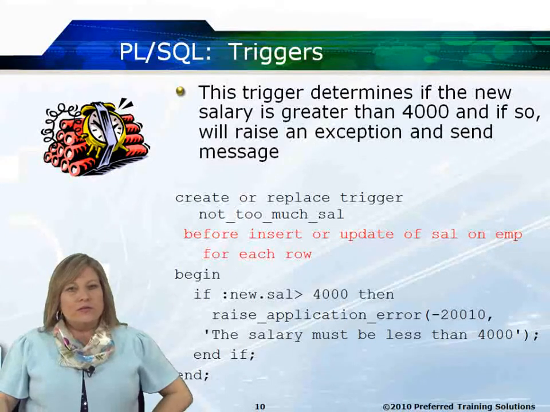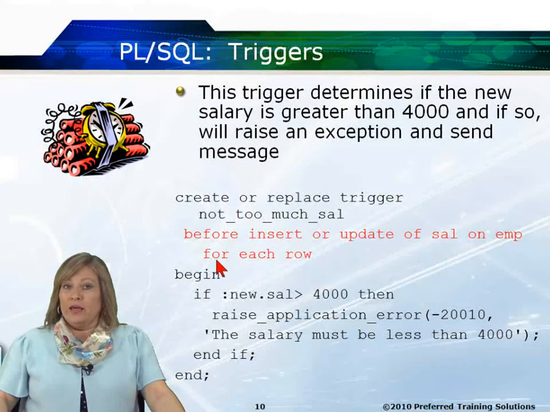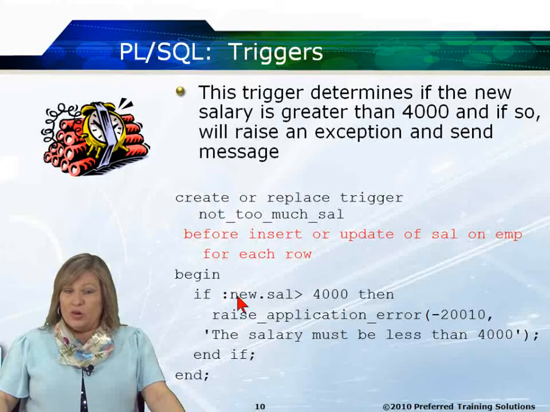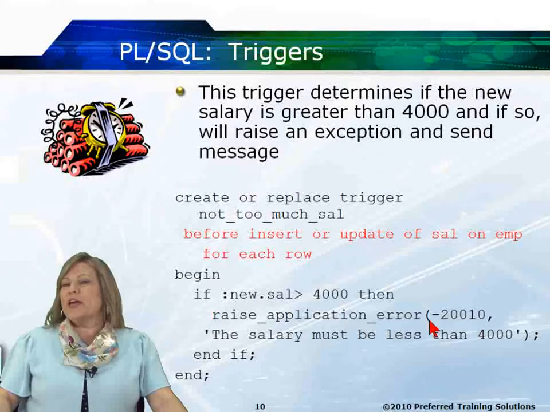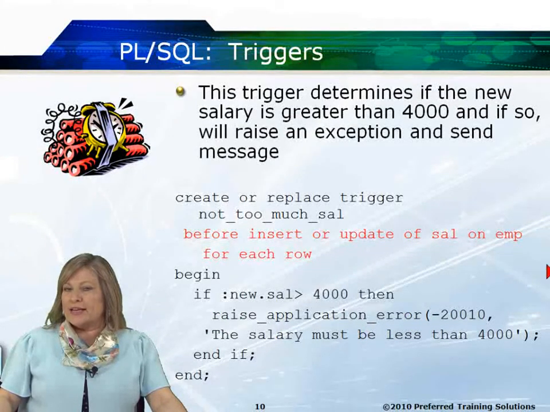So we simply say if new.sal greater than 4,000, then we're going to use our raise_application_error procedure. We've seen this previously in part 1 when we looked at exception handling. So basically, we've decided the salary you're trying to use is too big.